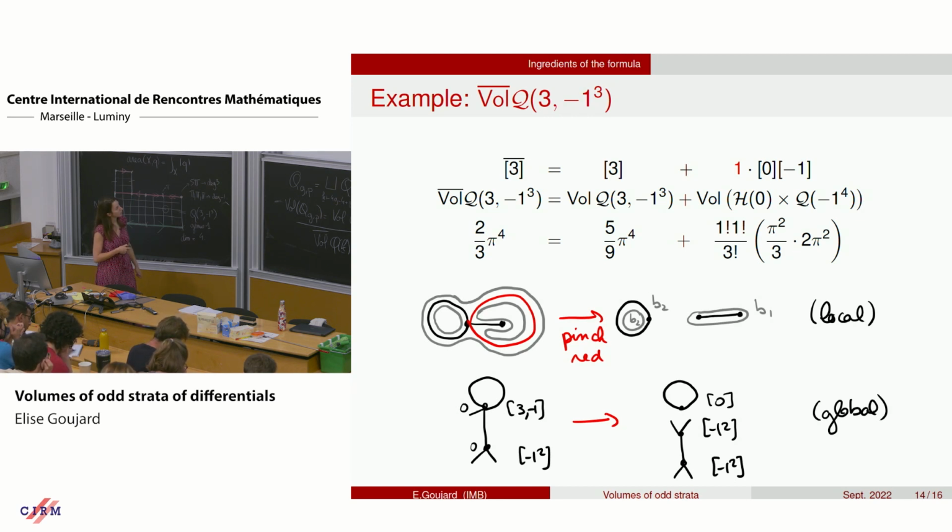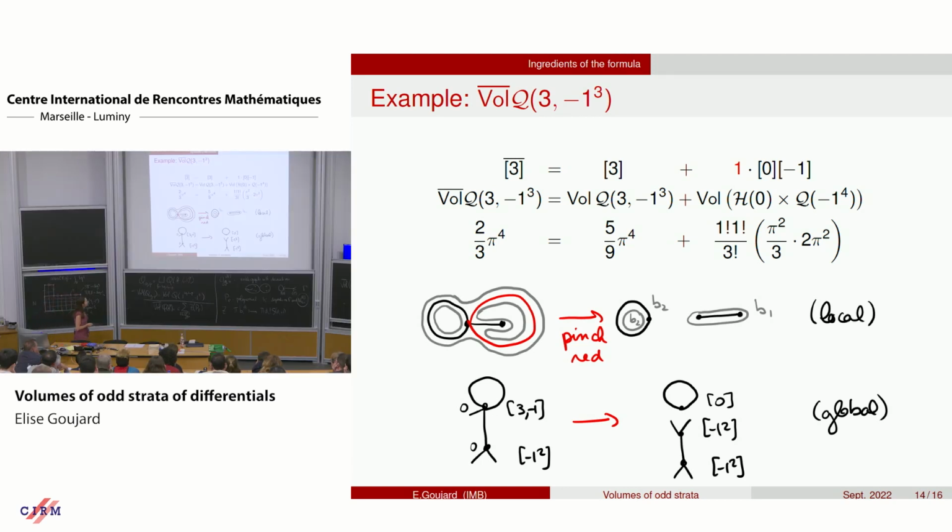So what I am counting in this wall is additional terms coming from these degenerate contributions. So I'm counting actually contribution of H0 and contribution of Q minus 1 to the 4. Okay. I don't know if it's really clear or not, but this is the idea behind these coefficients.